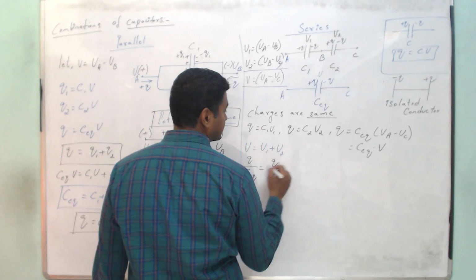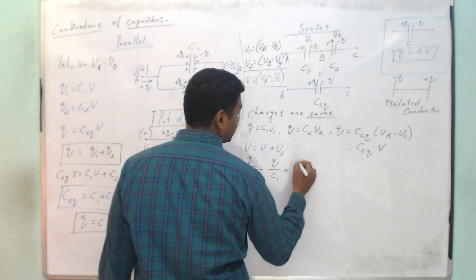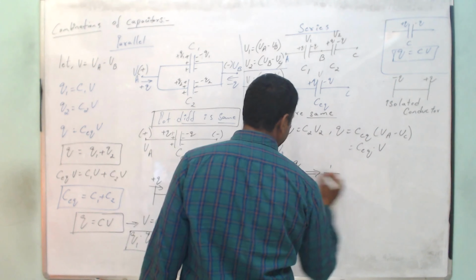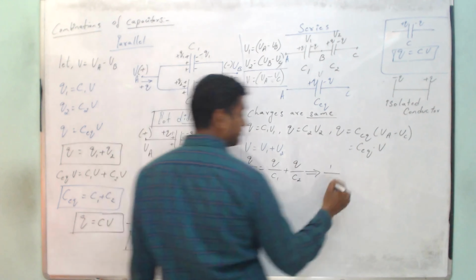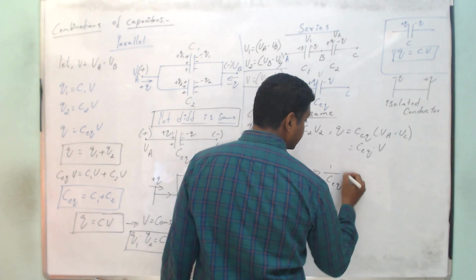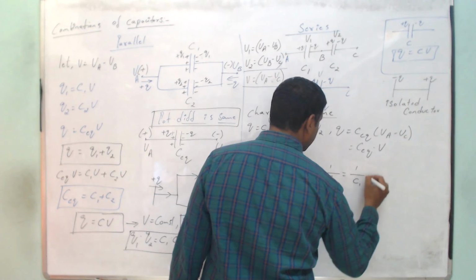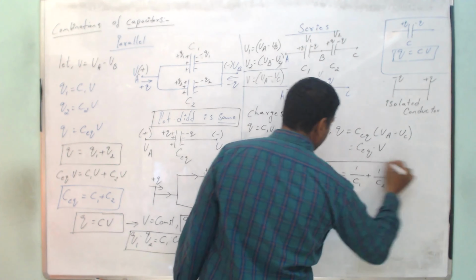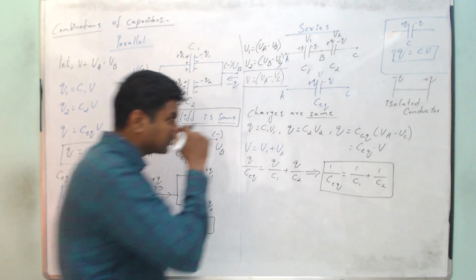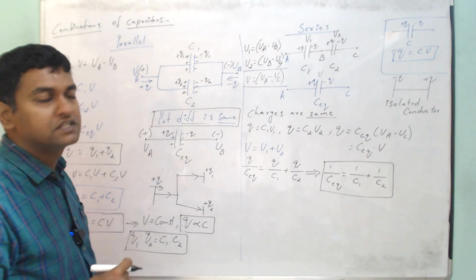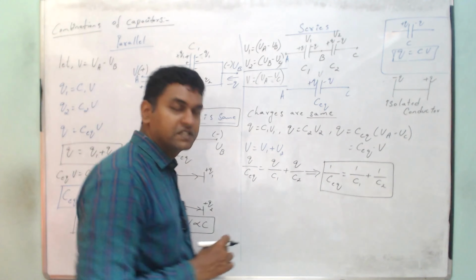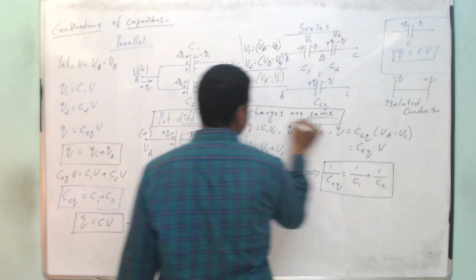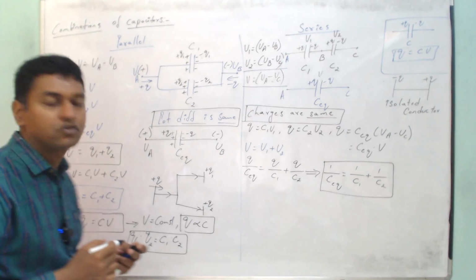V1 is Q by C1 and V2 is Q by C2. Therefore, for a series combination, Q will get cancelled everywhere. 1 by C equivalent is equal to 1 by C1 plus 1 by C2. Correct? So, two important points to note. One is for a series combination, 1 by C equivalent is 1 by C1 plus 1 by C2, and charges are basically the same on all the capacitors.